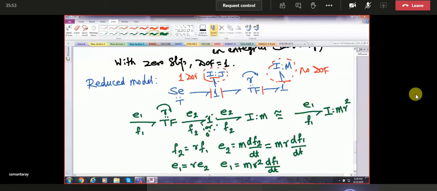Two inertias having the same angular velocity, we can merge them. So we get I equal to 3/2 m R square. Basically, we have the inertia about the instantaneous center of rotation.